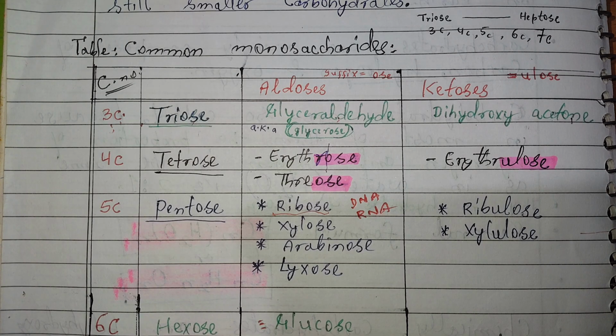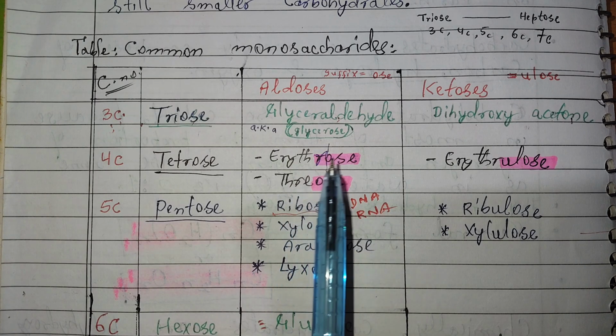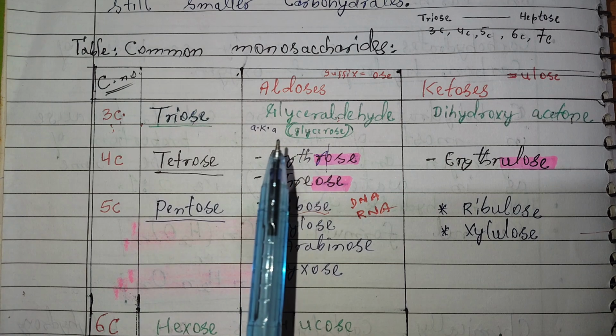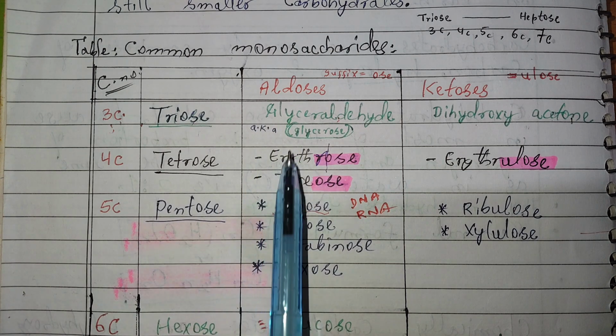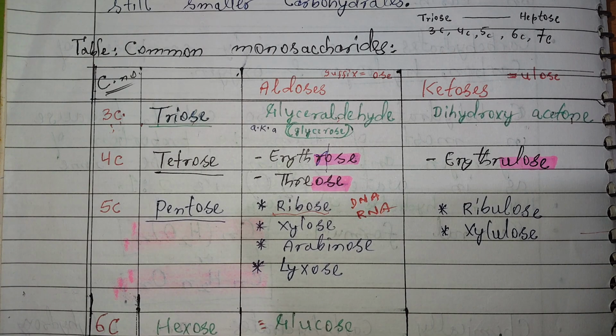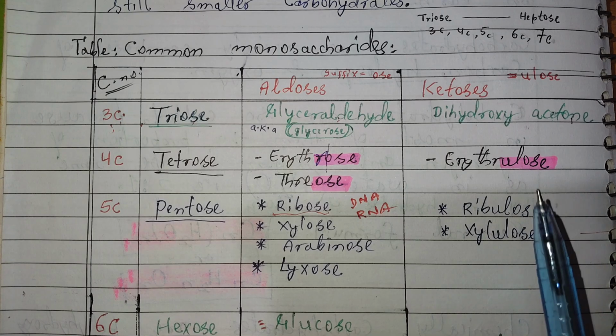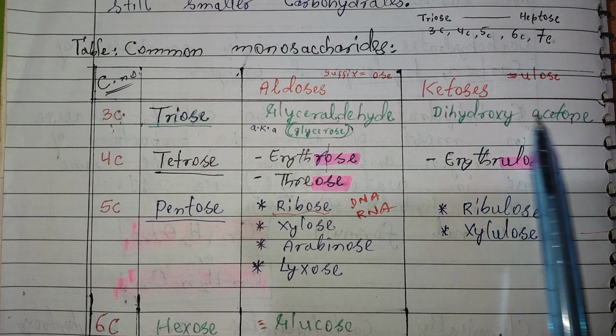Among the trioses, the triose with an aldehydic functional group includes one famous molecule in biochemistry, glyceraldehyde, also known as glycerose. Likewise, among the ketonic trioses we have dihydroxyacetone.